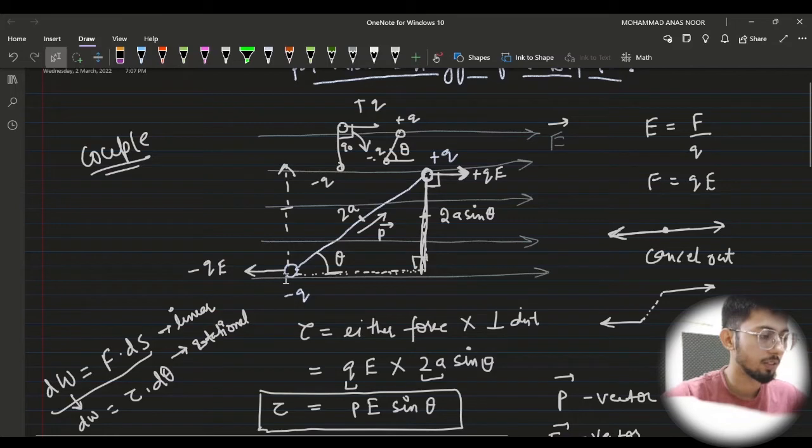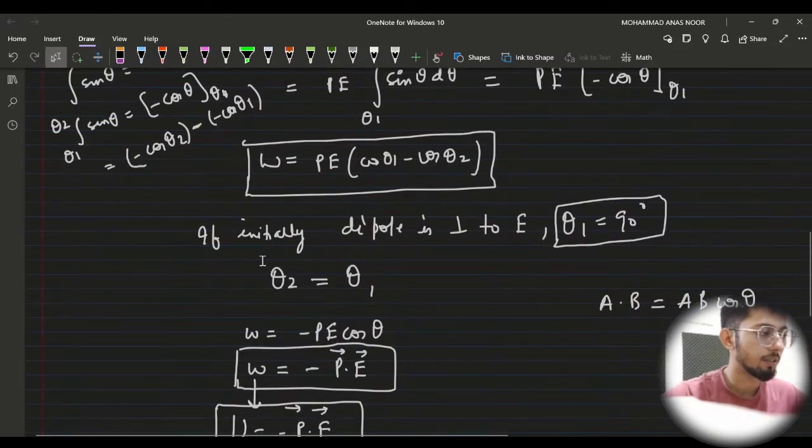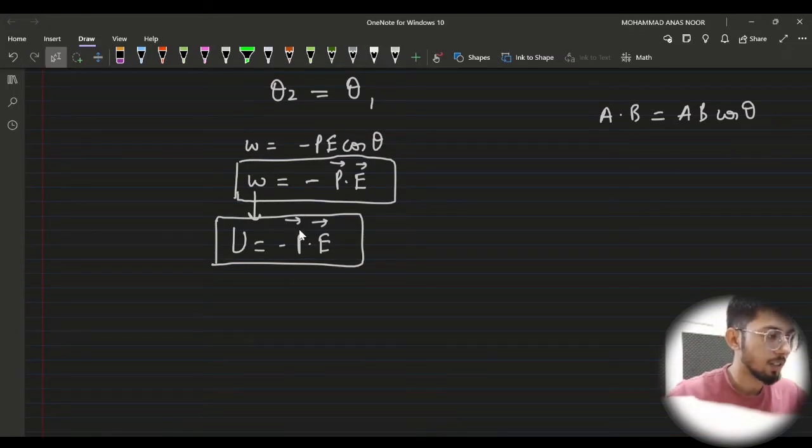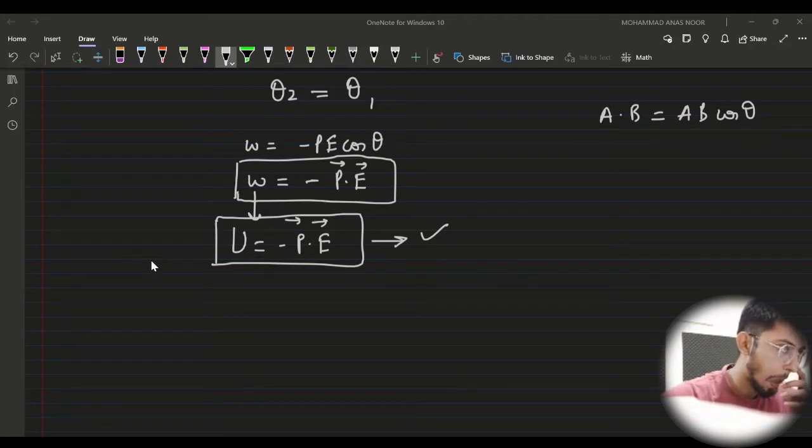That work done is stored as potential energy. So you should remember this formula, that the potential energy of a dipole is minus P dot E.